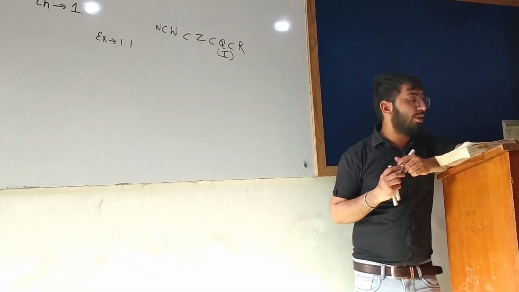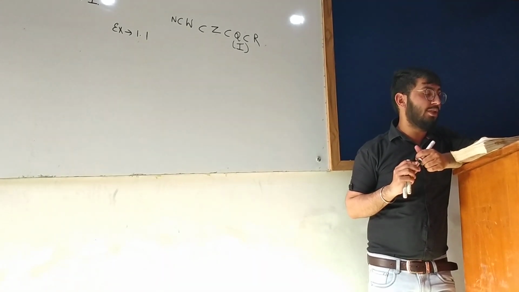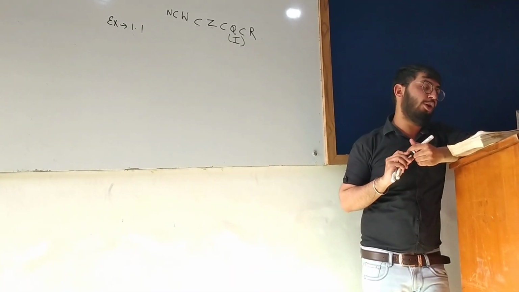I am reading the third question. Find 5 rational numbers between 3 by 5 and 4 by 5.